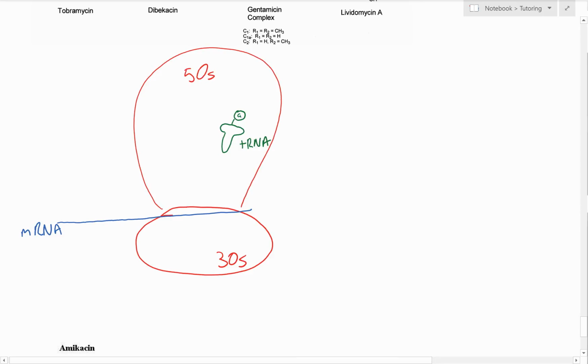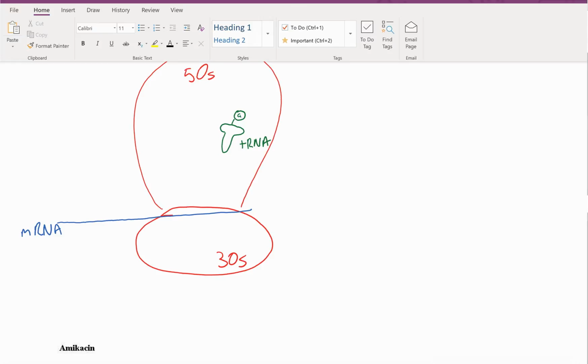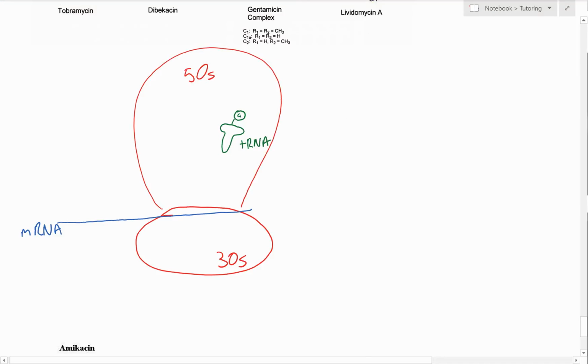What aminoglycosides do is, I'm just going to change to black. What happens is, this is chugging along here. When the aminoglycosides get into a cell, they actually bind to the reading frame. So if this is the aminoglycoside, they bind here, and it distorts the reading frame. Essentially, you start missing bases and things like that in the transcription cycle because they've got this aminoglycoside bound to them.